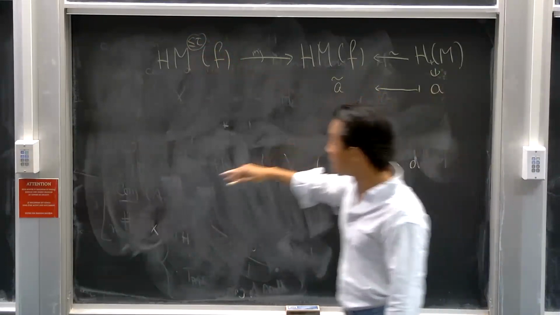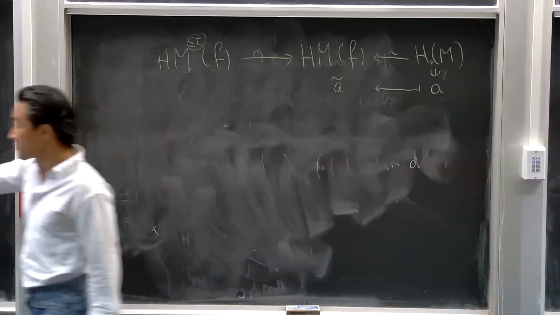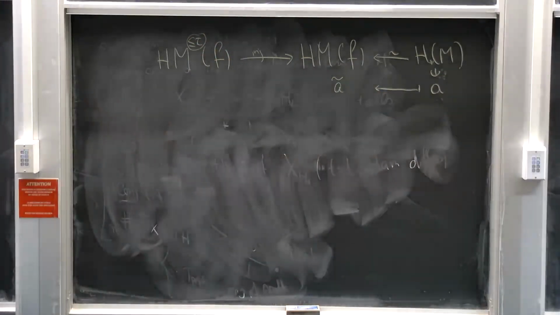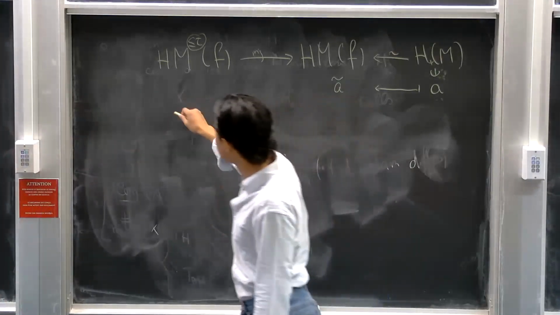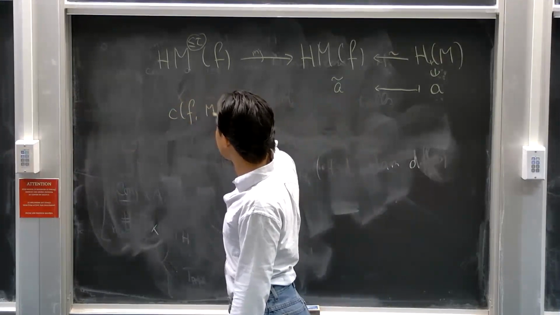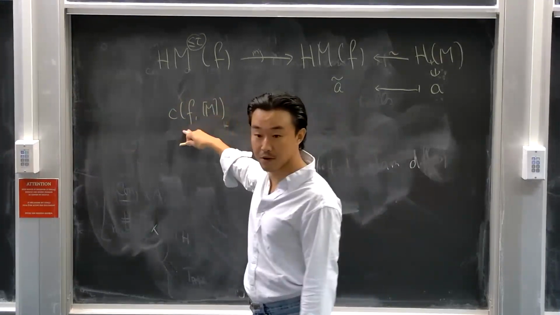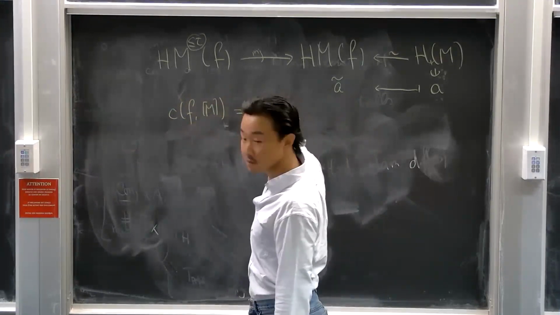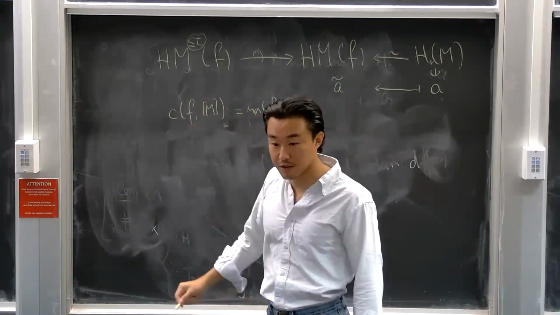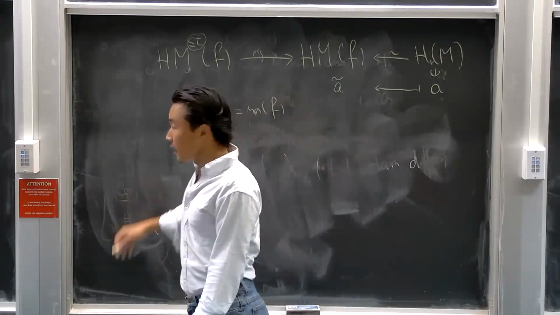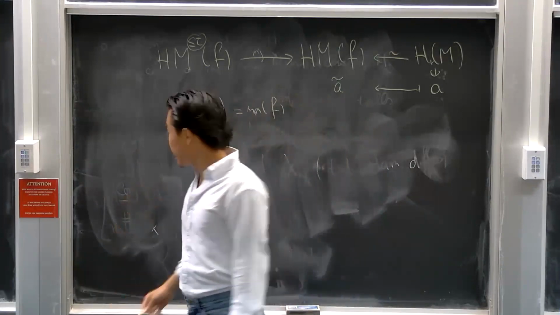That real number is the spectral invariant for Morse homology. So for example, the spectral invariant corresponding to the fundamental class will be the maximum of the Morse function. And we do an analogous thing in Floer homology.